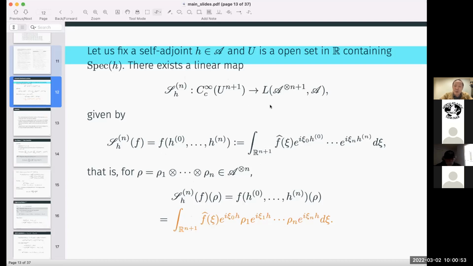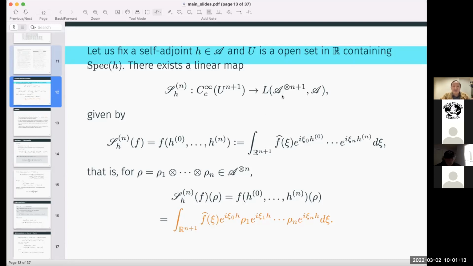But here we should be more careful. The result is a map from this n-fold tensor to A. So it's not a linear map like from A to A, and when you do compositions, you have to be careful. So here I just say this is a linear map. At this stage, I only need this to be a linear map.